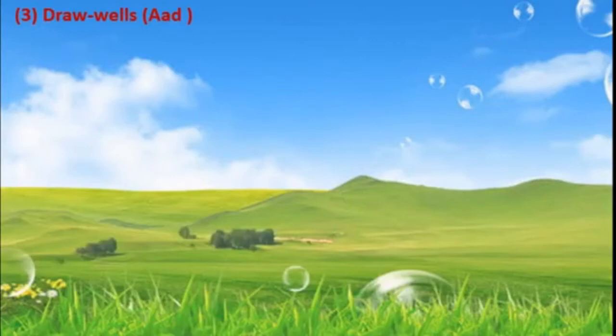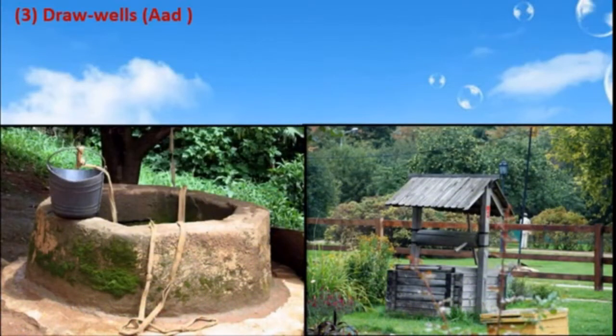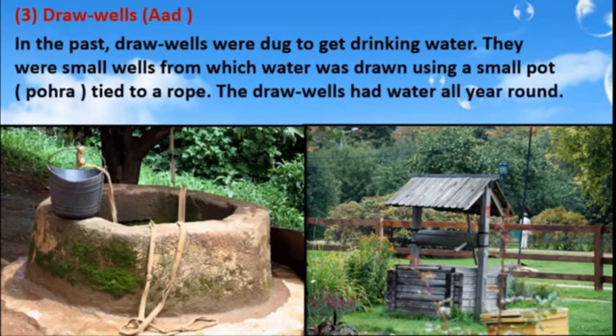Third one is draw wells. The meaning only tells us that drawing water from the wells, that we call in Marathi aad. Here you can see in the picture. In the past, draw wells were dug to get drinking water.